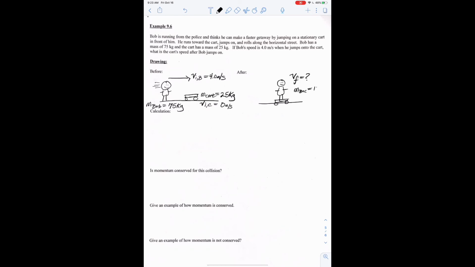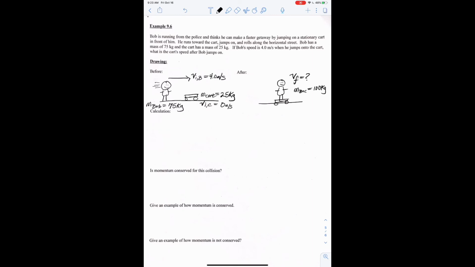So we'll just add them up. Give us 100 kilograms. And we can do this when two objects stick together like this in an inelastic collision, right? Where they're going to be one object. You can think of them as one object because they have the same velocity. If you'd rather think of them as two objects with the same velocity, go right ahead. It still works. It's no big deal.